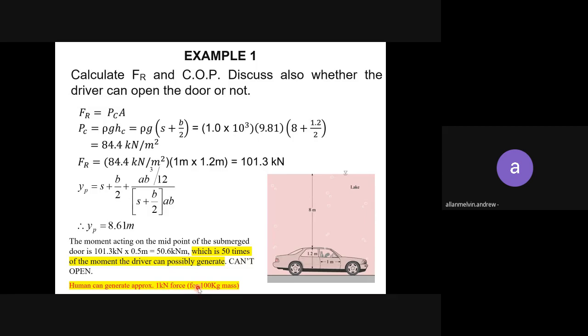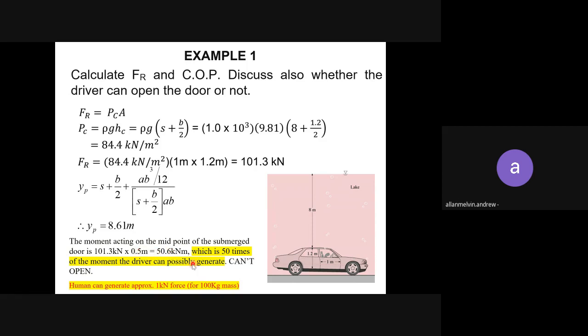So if the human is 100 kilogram mass, meaning if your mass is less than 100, your force will be less. So if your body mass is 50 kilogram, then you can only produce up to 500 Newton, sorry, 500 Newton.